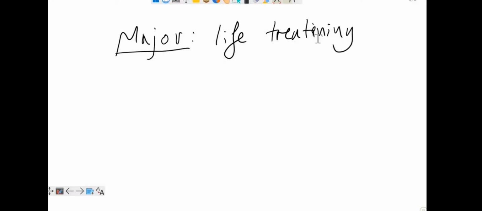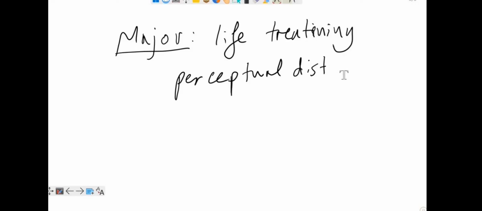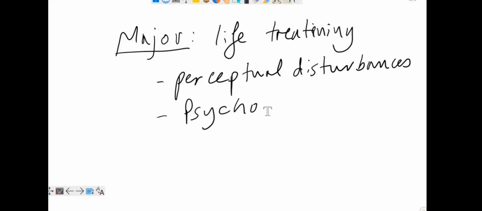So in this case, what will happen? Different symptoms will take place, which depend on the dose and duration. First, perceptual disturbances, a kind of hallucination and maybe delusions. Also, he might get a psychotic-like reaction, psychosis, like hallucination, like delusion.